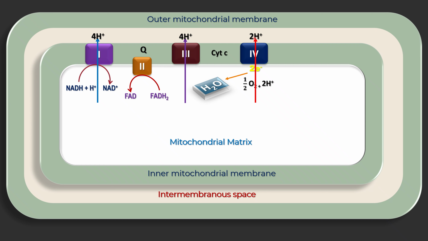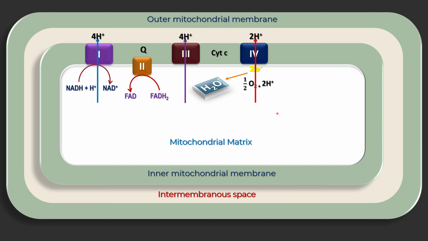You also remember 4 protons are pushed to the intermembranous space through complex 1 and complex 3, whereas only 2 protons are pushed to the intermembranous space from the mitochondrial matrix through complex 4. Important point to note, there is no proton pushing through complex 2.